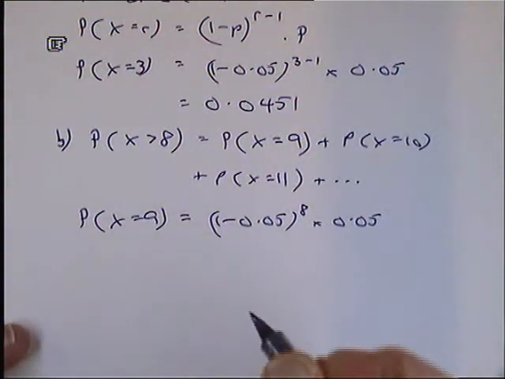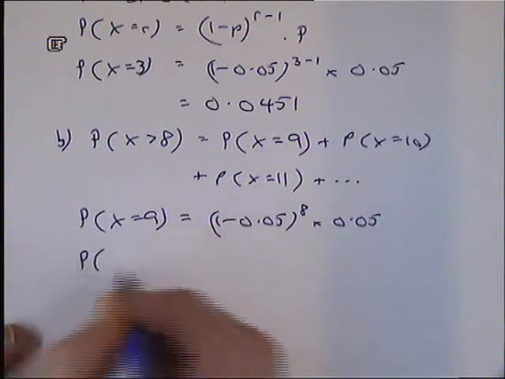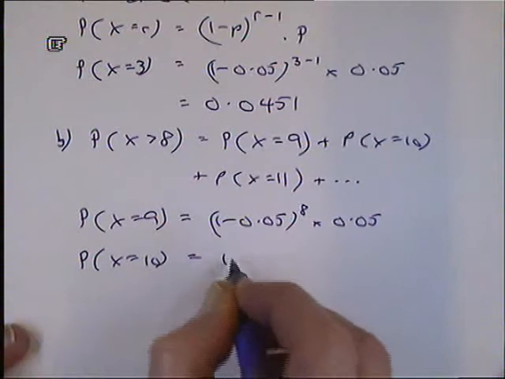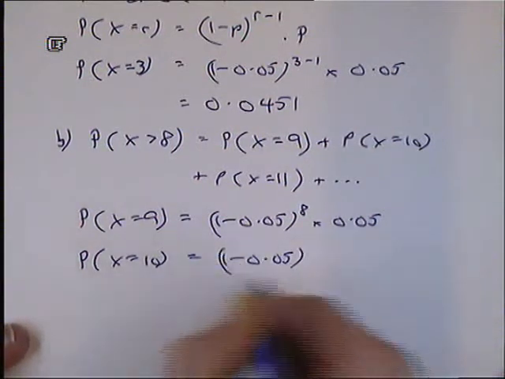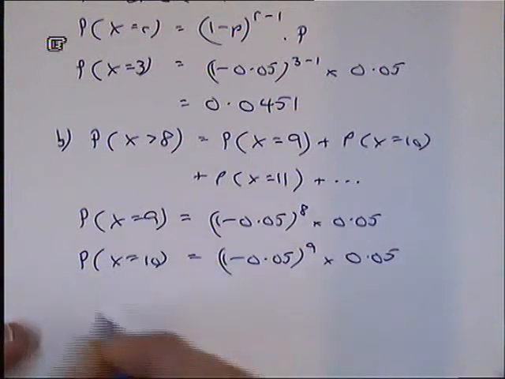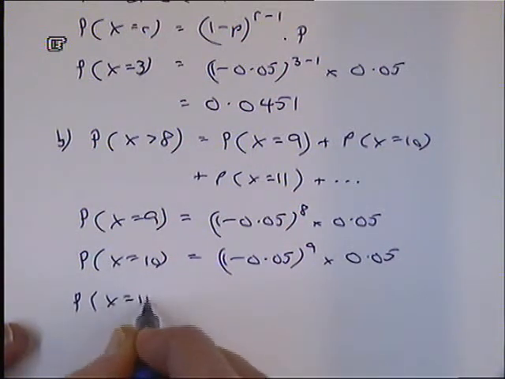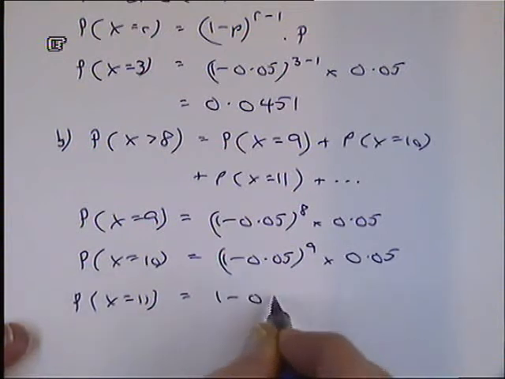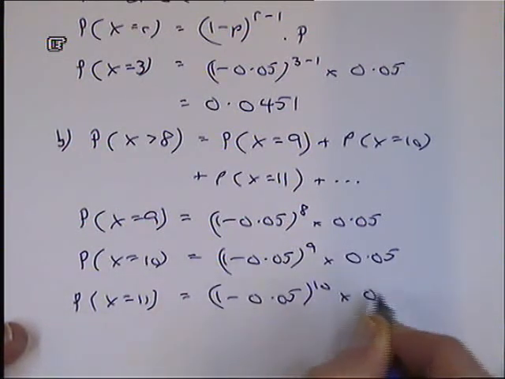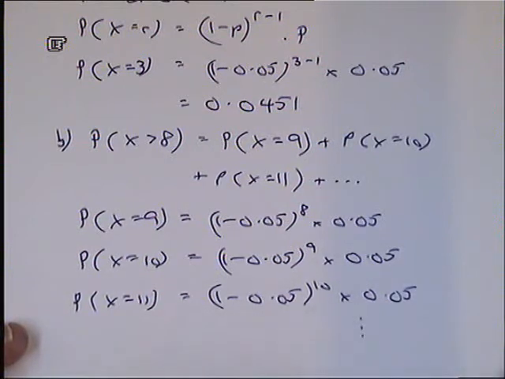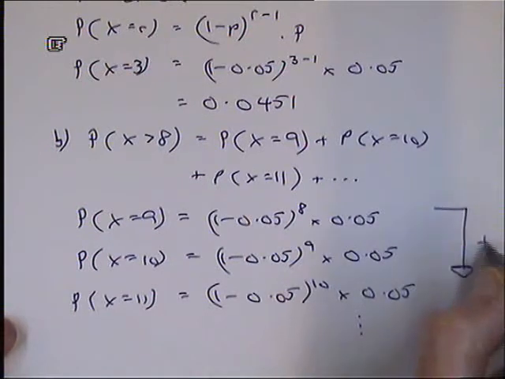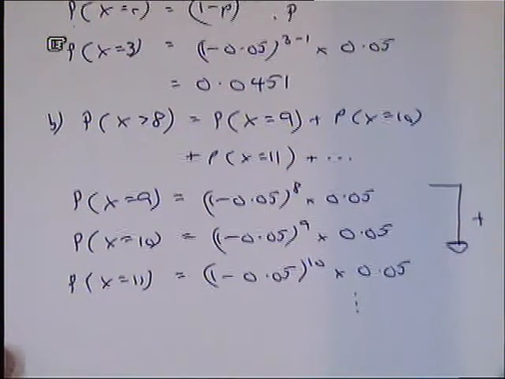I'm not going to work it out as a number at the moment, I'm going to leave it like that. The next one, X is 10, will be failure 9 times in a row, followed by success. And I'm not going to work that one out. The next one, 11, would be failure 10 times in a row, times by success, and that will carry on that pattern. And we've got to then add up all of these values.